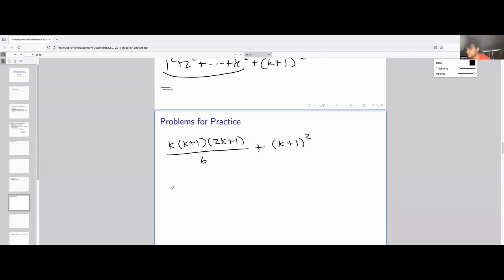So maybe I'll skip a few steps, but k+1, and when I do k times (2k+1), I will get 2k squared plus k.